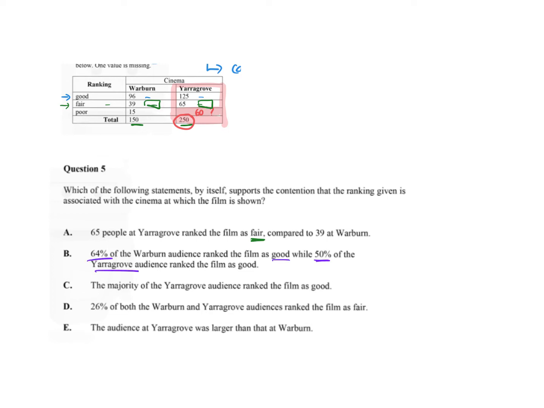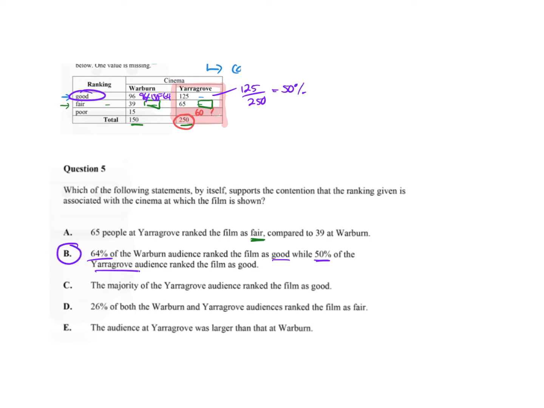They're both comparing good, and they've changed it to a percentage, which is a better way to compare because they had different numbers. If you do 96 divided by 150, you'll see that equals 64. And 125 divided by 250 is 50%. So that's why this statement is better.